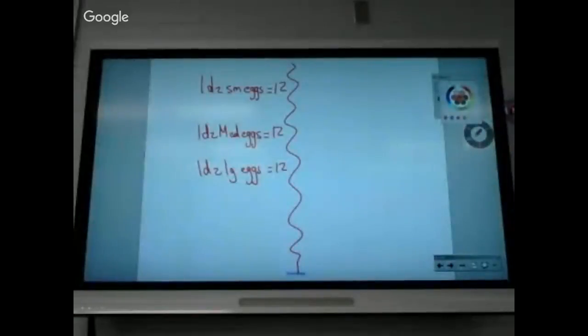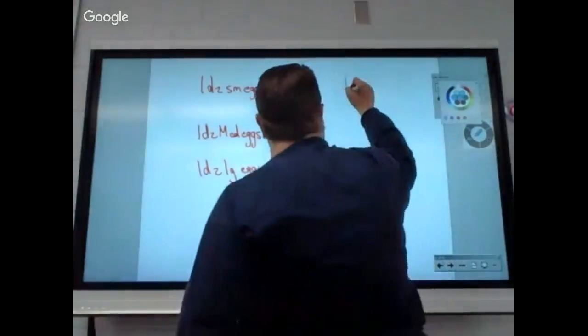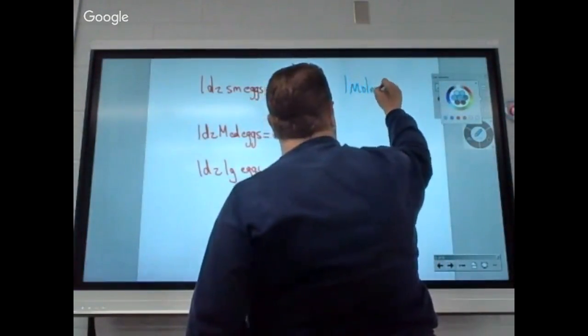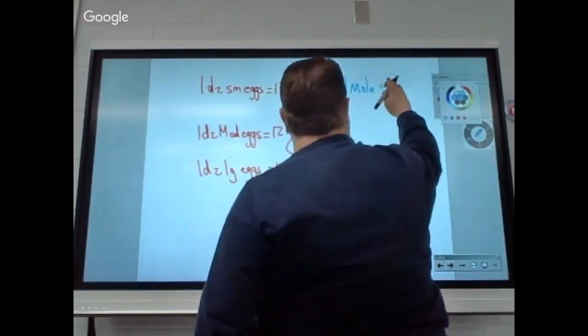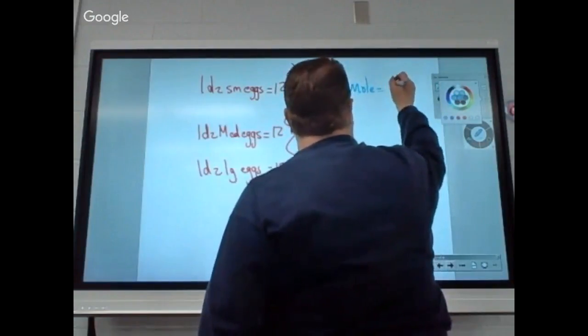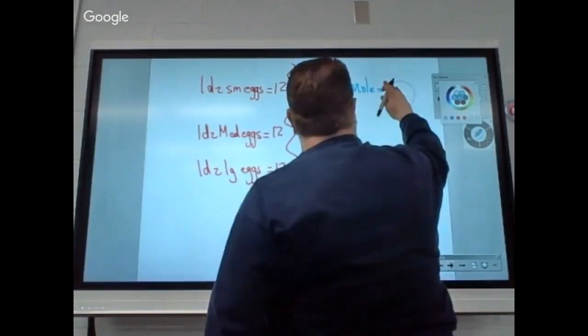Now, the mole for us is just like a dozen, except it's not 12, okay? That's what we have to keep up with. Now, for us, a mole of atoms. Here, I'm going to put atoms on the end here. A mole of, let's pick an element.